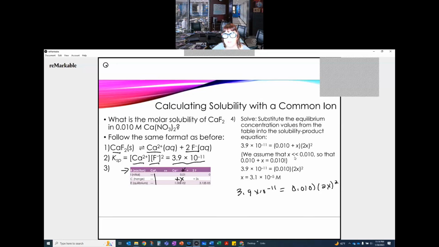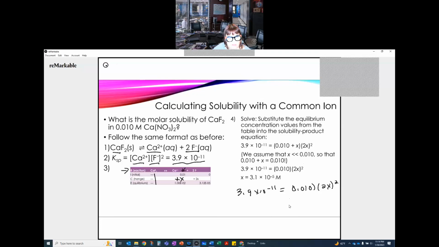And we assume that x is way, way less than 0.010, so that 0.010 plus x just becomes 0.010, which is exactly what I wrote down. We now have the same expression down here as I have written out here. So 3.9 times 10 to the minus 11th equals 0.010 times 2x squared. And that gives me x equal to 3.1 times 10 to the minus 5th.